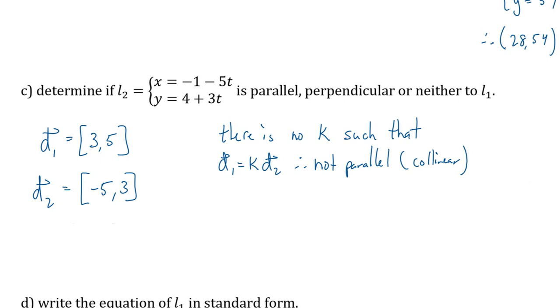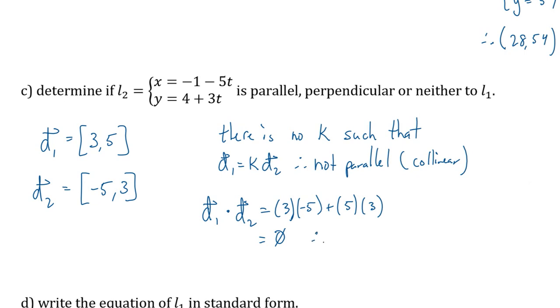But remember, if the dot product is 0, then they are perpendicular. So d1 dot d2 is 3 times -5 plus 5 times 3, which is -15 plus 15, which is 0.